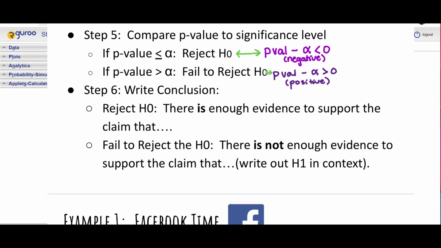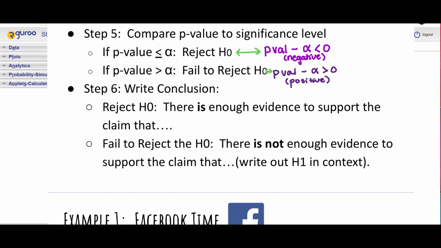And then in the previous video, I gave you guys a template to write out the conclusion statement. So if you reject the null, you say there is enough evidence to support the claim that, and then the claim is H1 in context. You can't just say there's enough evidence to support H1.